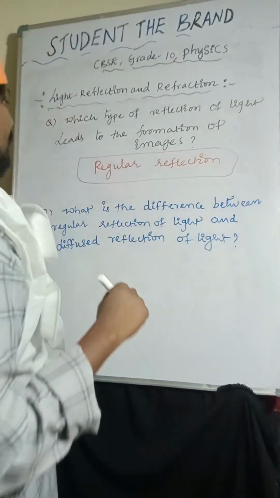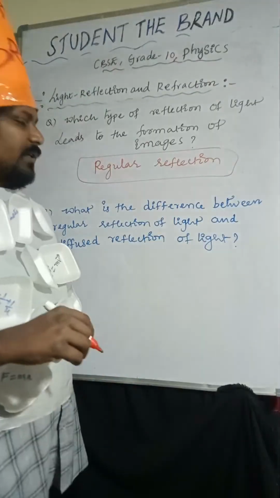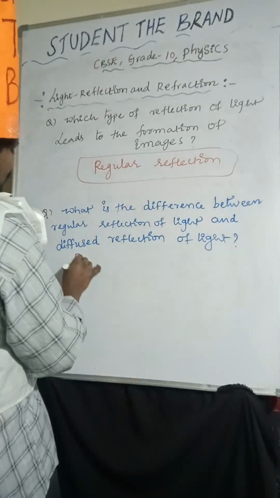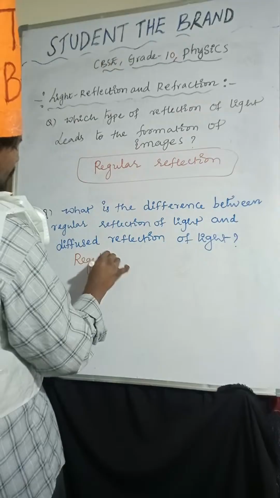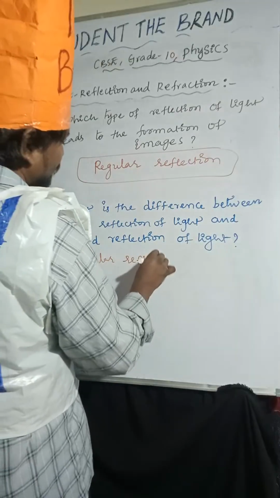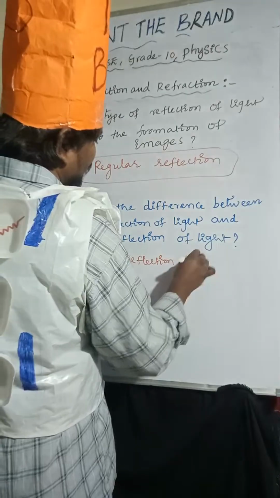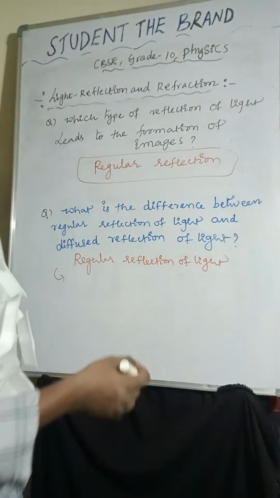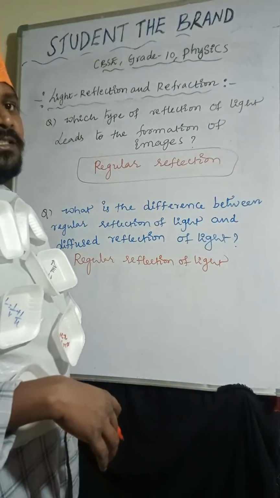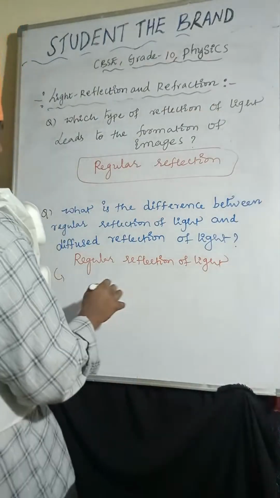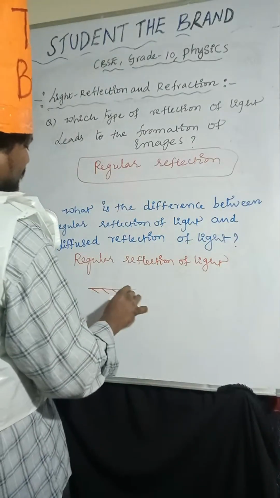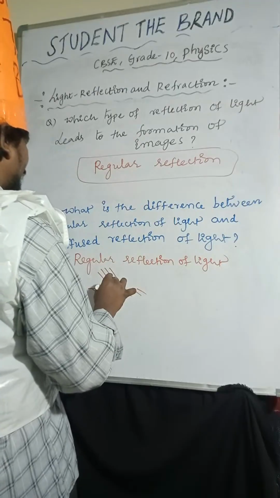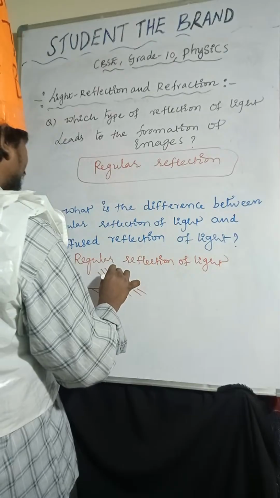Coming to the difference between regular reflection and diffuse reflection of light: in regular reflection, the incident beam is parallel, and the reflected light rays are also parallel to each other.